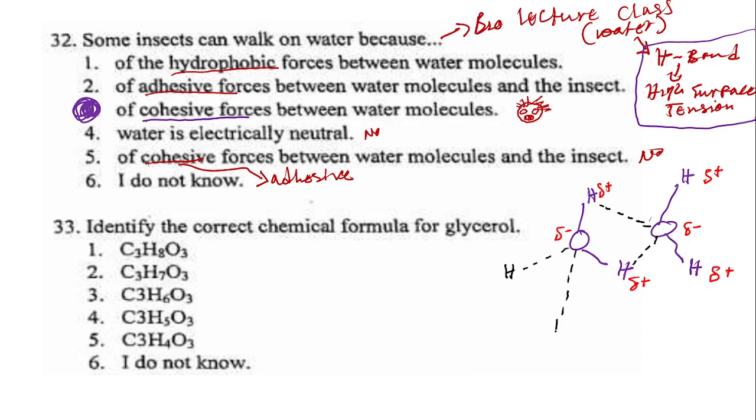There is a reason why I want to write this. So this is partially positive, and that one partially negative. And then the other thing that you need to check out is these are the hydrogen bonds, and these bonds are making a cohesive force.